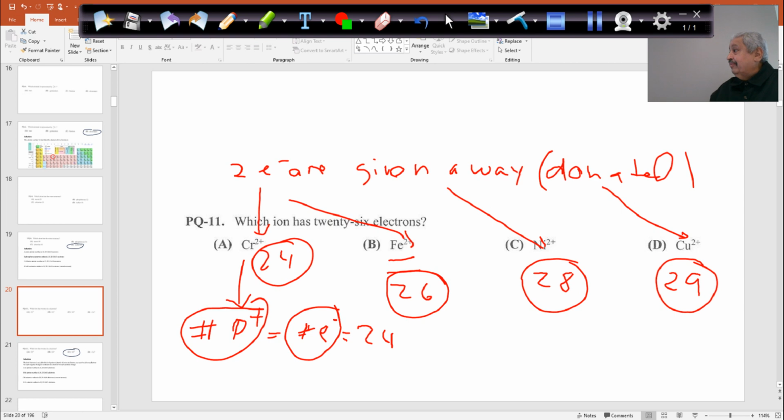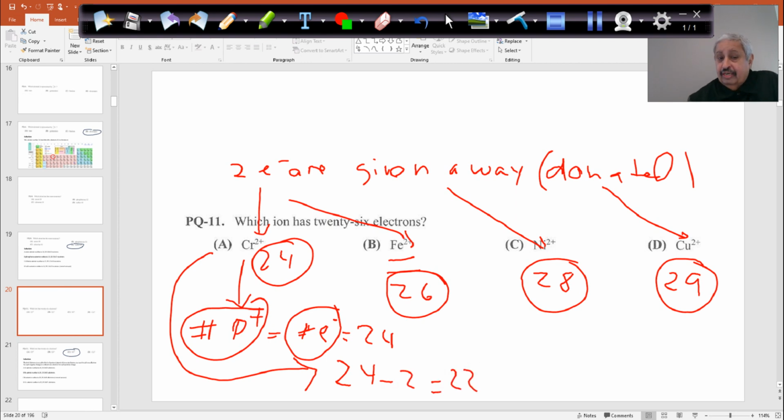So what will it be then? This one here has 26. So 24. This is not negative. This is positive, correct? 24 minus 2. So the first one is 22, because whenever you have a positive charge, the protons inside the nucleus are more, because you have lost negative charges, so the positive charge will be more, correct? This appears positive. So minus 2, the first one is 22 electrons.